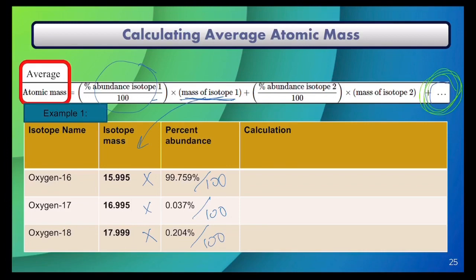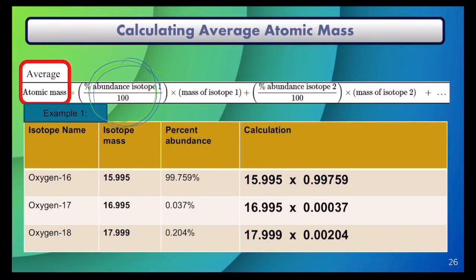So we will have three multiplication products that we get. The fractional abundance, remember, is calculated by dividing the percent abundance by 100. So that results in us getting these values down here. And then you would just multiply by the isotope mass. So the masses are listed here.